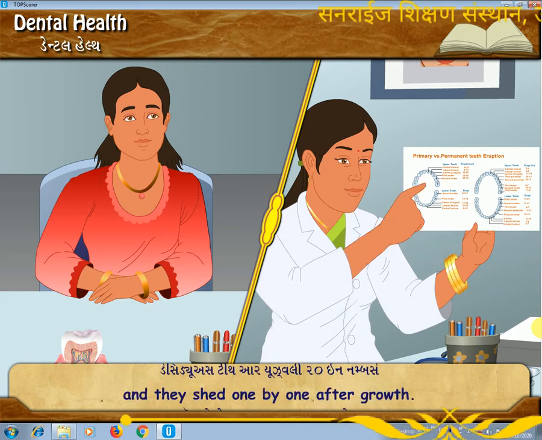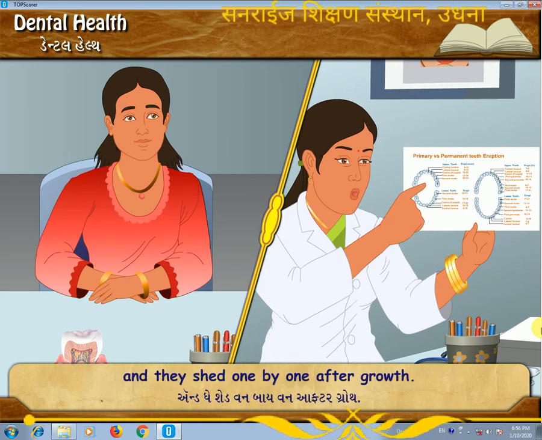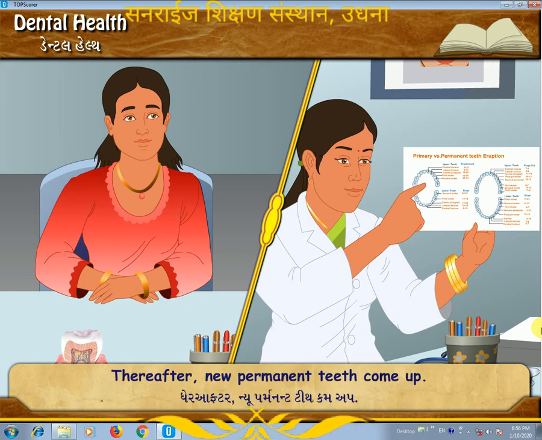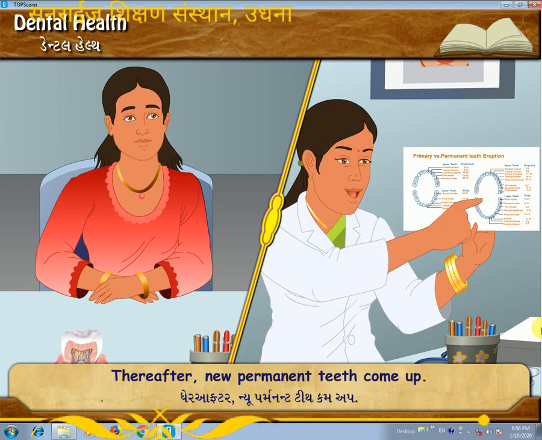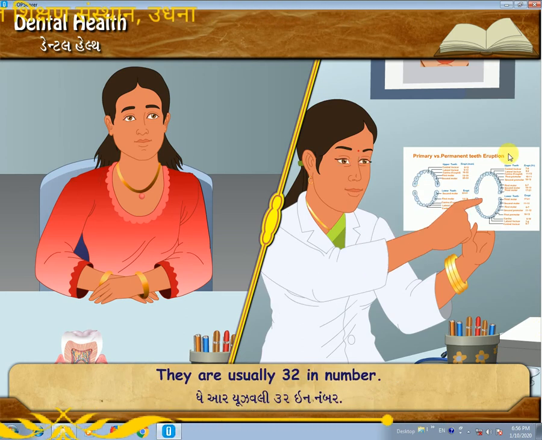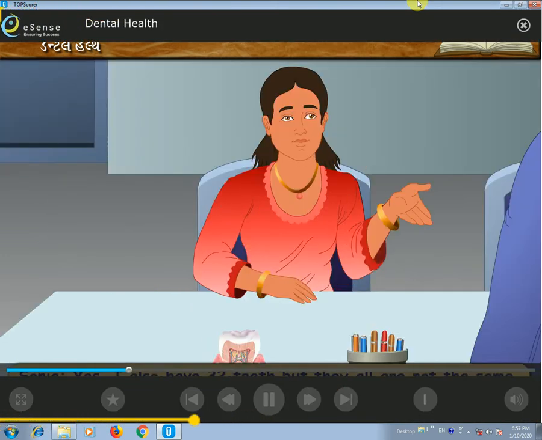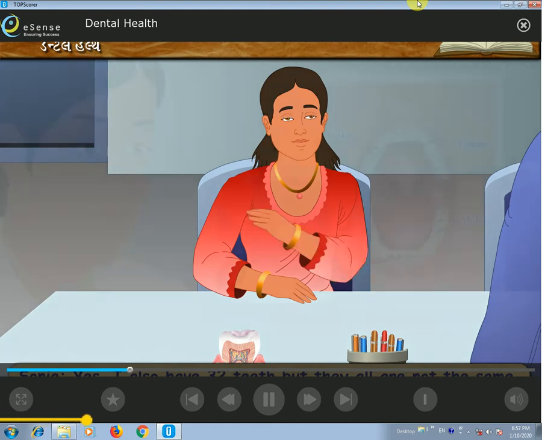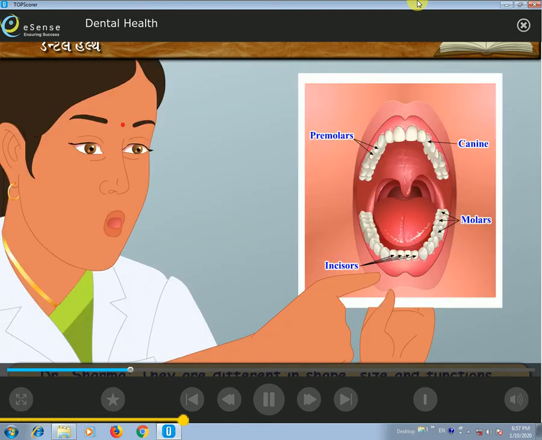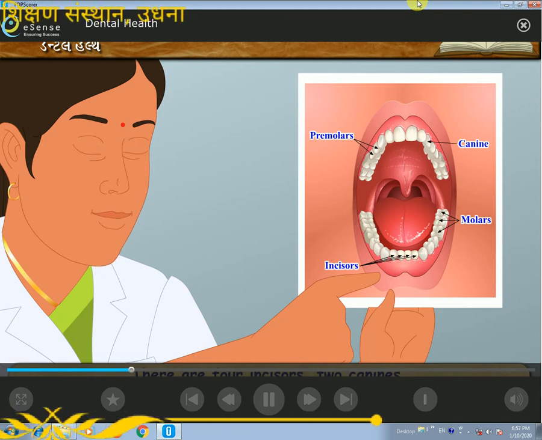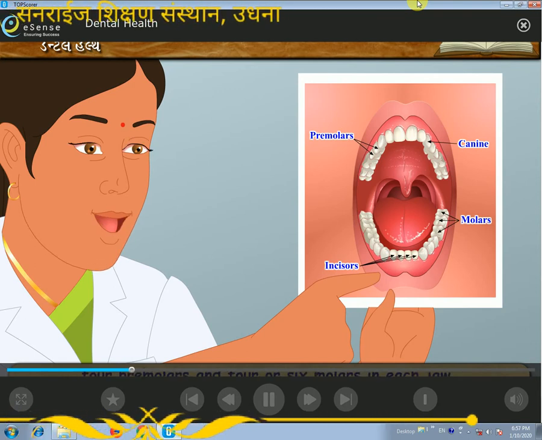Molar? What is it? It's a kind of teeth. Look at the chart. There are two types of teeth: deciduous teeth, also known as milk teeth, and permanent teeth. Deciduous teeth are usually 20 in number and they shed one by one after growth. Thereafter, new permanent teeth come up.